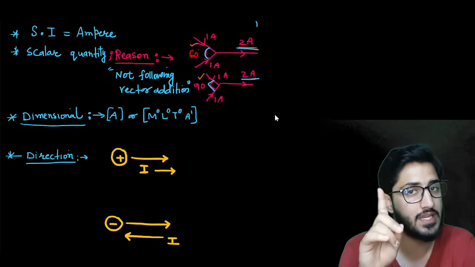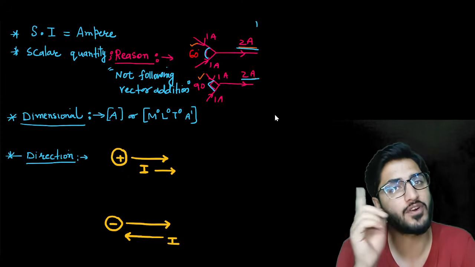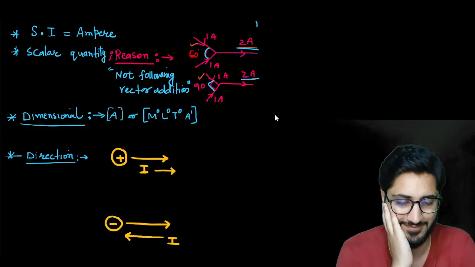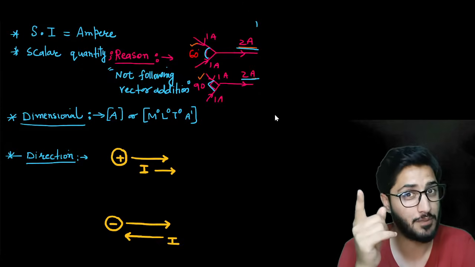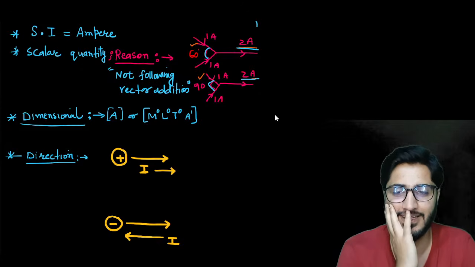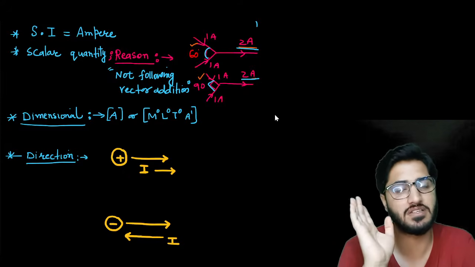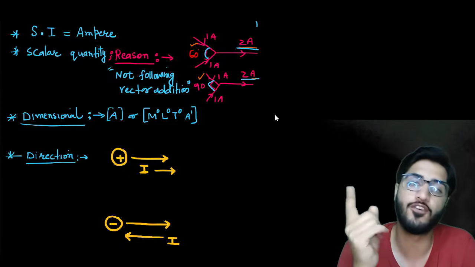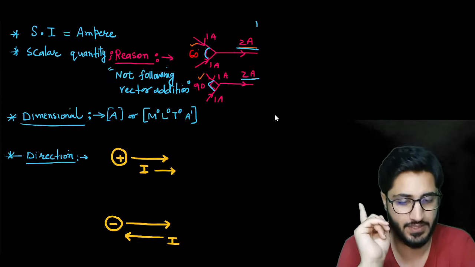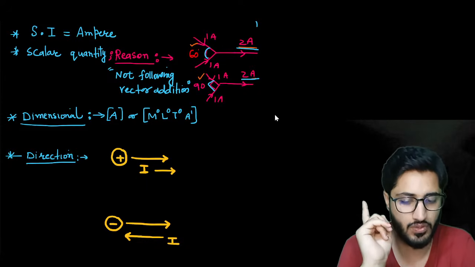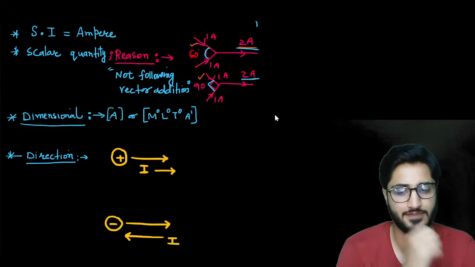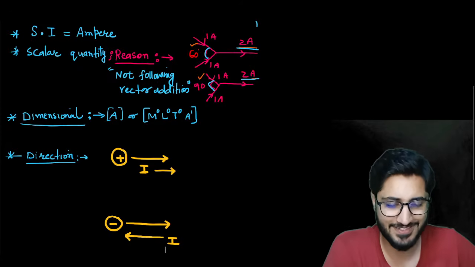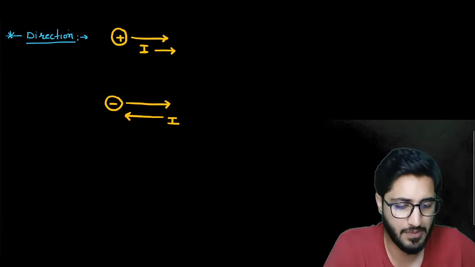But if a negative charged particle flows from left to right, the current caused by the flow of this negative charge will be from right to left. You have to keep this in mind. In the direction of positive charge, current is the same as that of the positive one. But in case of negative, the direction of flow of negative charge and the direction of current will be opposite. Direction of current. Easy, right? If you have any doubt, you can ask me in the comment box.